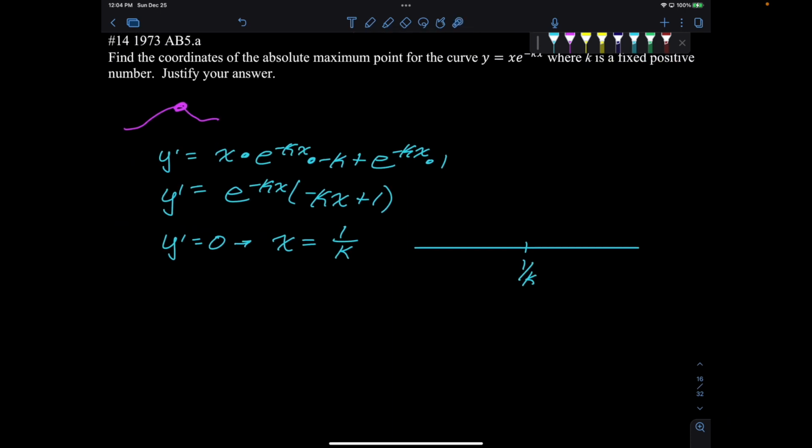Now, how do we check this? Well, this is definitely greater than 0, right? Because k is a fixed positive number. So this is greater than 0. If I plug in negative something, this is always positive. And then if I plug in negative, I'll have a negative and a negative, which is positive.